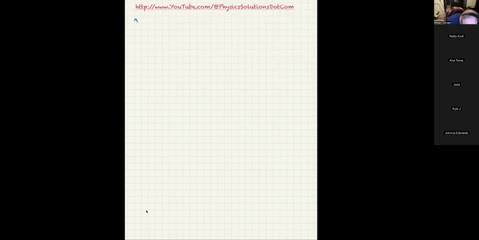So x is equal to 1 half at squared plus v0t plus x0 is going to become a over 2 times v minus v0 over a quantity squared plus v0 times v minus v0 over a plus x0.